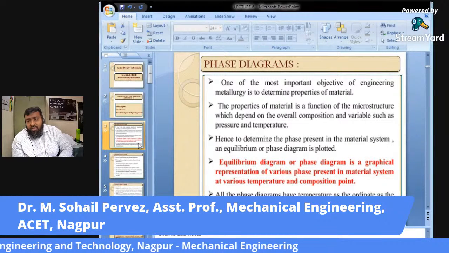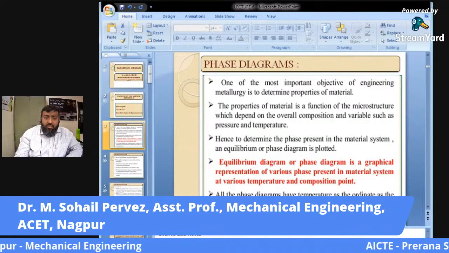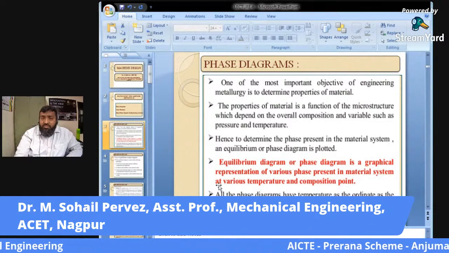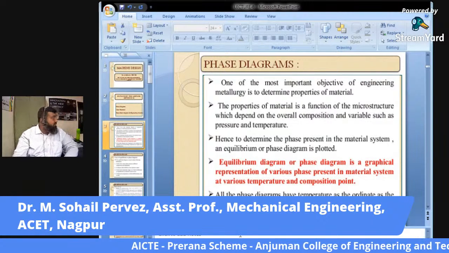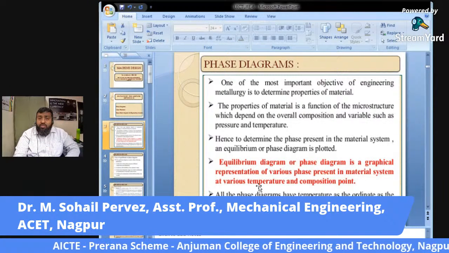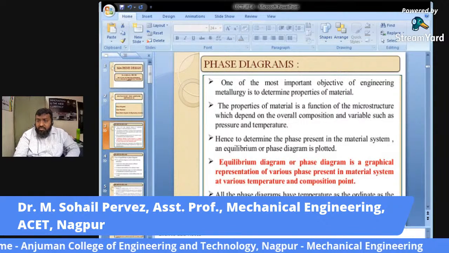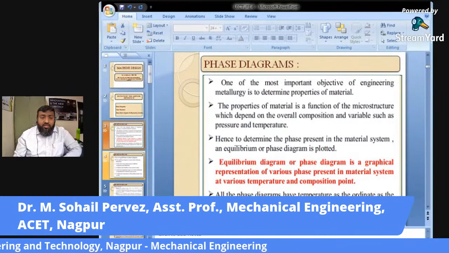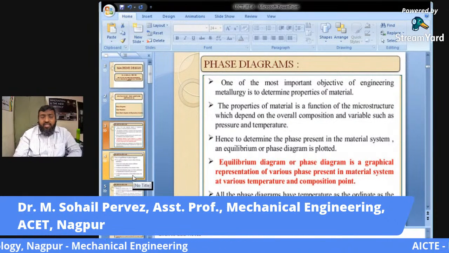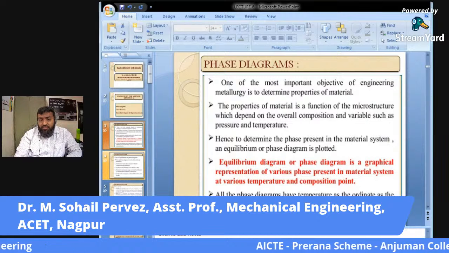So pressure again is a very important aspect. I'm continuing with the last lecture. So phase diagrams are nothing but representing the basic idea of a material in terms of its properties.